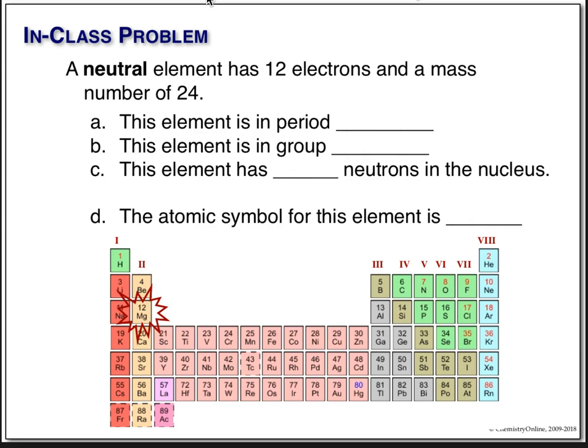Magnesium is in the 1, 2, 3, third period, right? Likewise, it's in group 2. If its mass number is 24 and 12 of those are protons, how many neutrons? 12. 12 and 12 is 24.